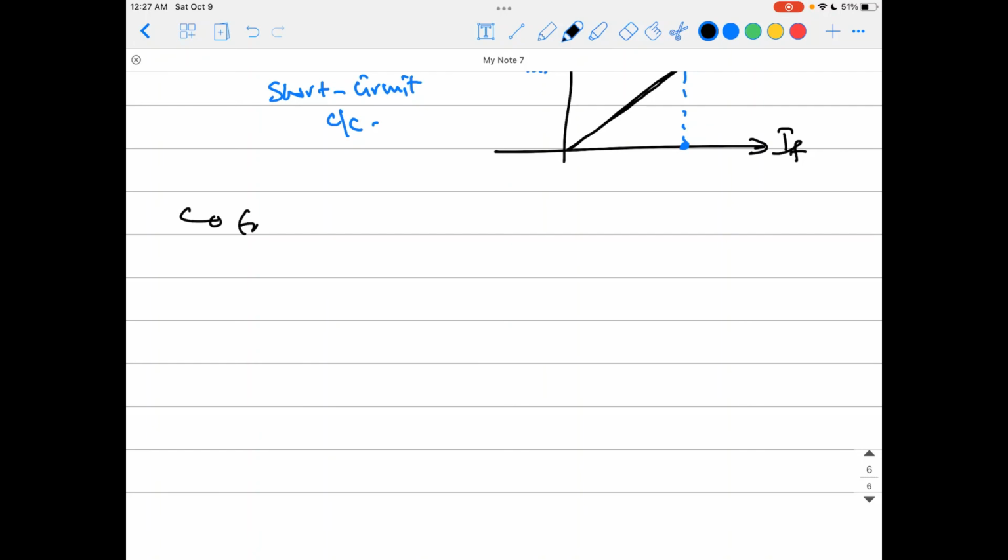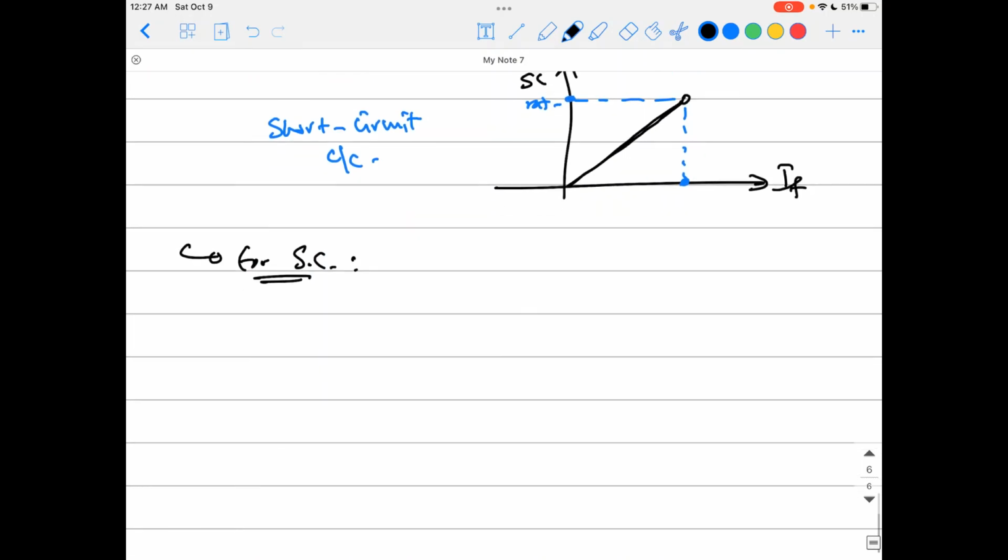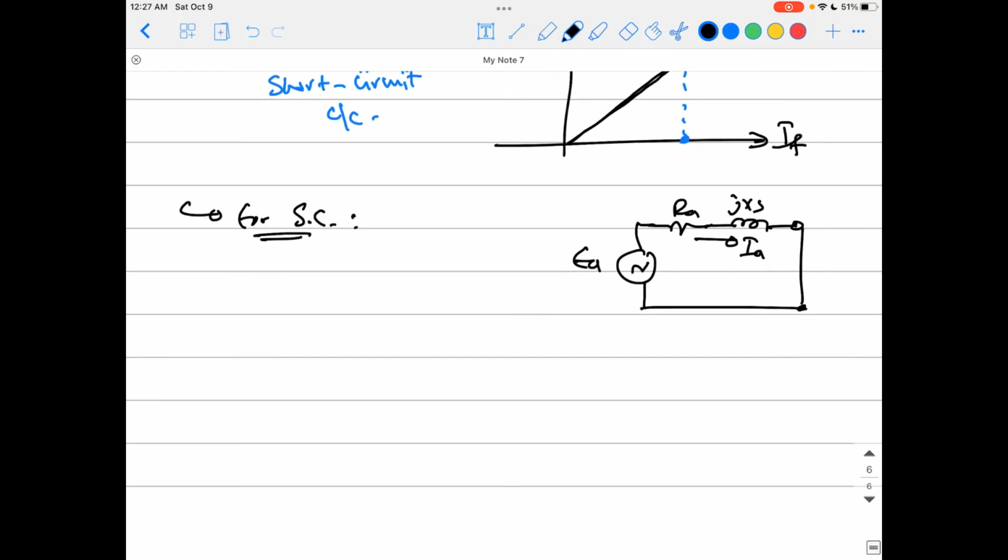So for the short circuit state, from the equivalent circuit here, that is jXS, that is RA, that is EA, and the terminal voltage here is just short circuited, and that is IA. So from this equivalent circuit you will find EA equals IA short circuit multiplied by RA plus jXS.